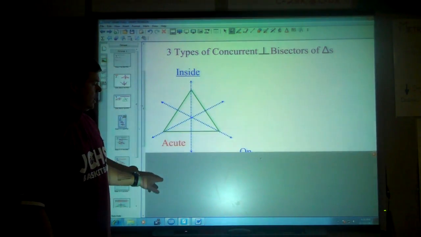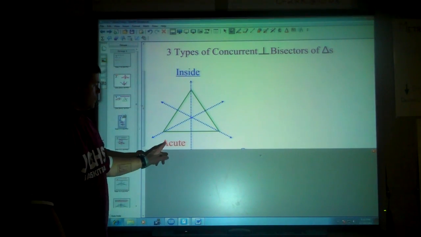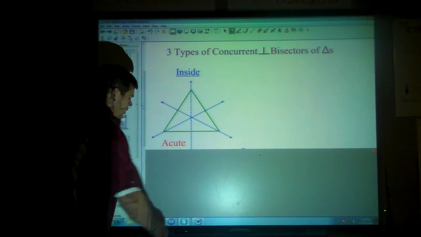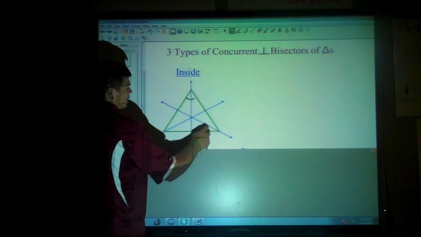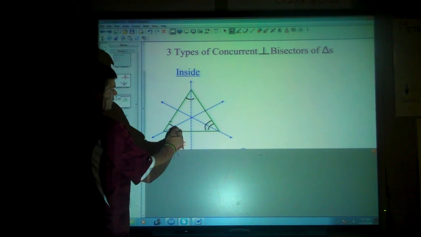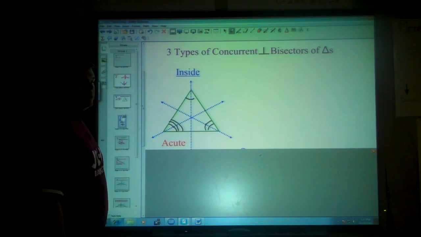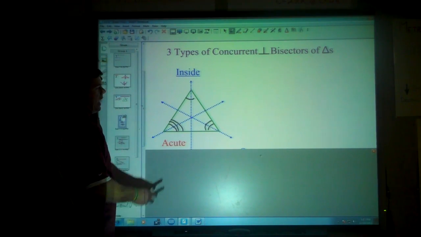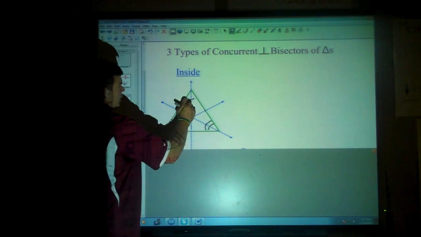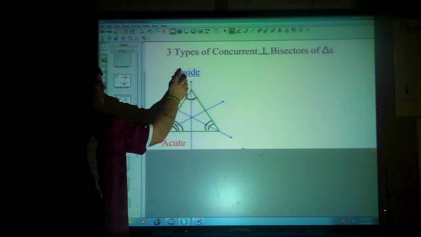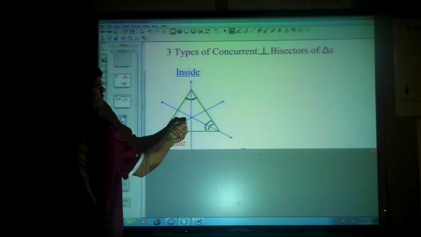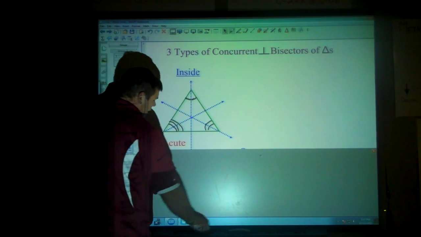One type of triangle we can have is called an acute triangle, where all three angles, talking about this angle, and this angle, are all less than 90 degrees. That's what makes it acute. Anytime you have this type of a triangle, an acute triangle, you will have a point of concurrency that is located somewhere inside the triangle.